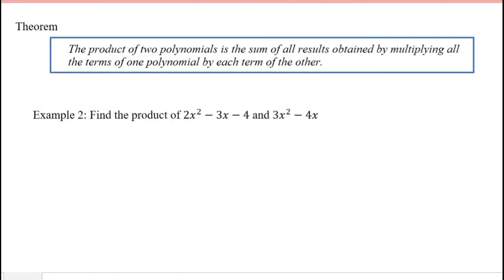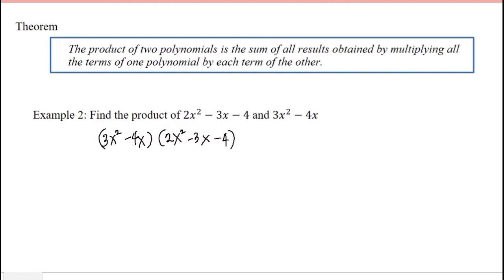So if we are going to apply that theorem in this example, we are asked to find the product of 2x squared minus 3x minus 4 and 3x squared minus 4x.